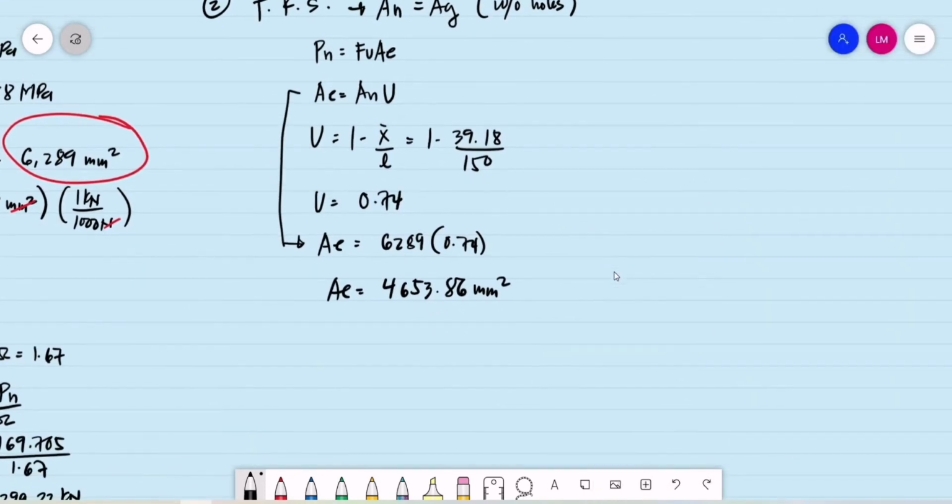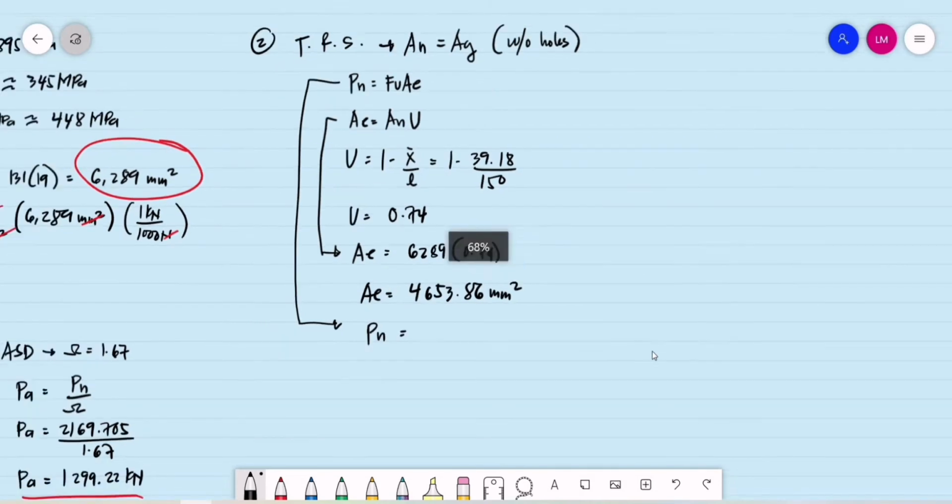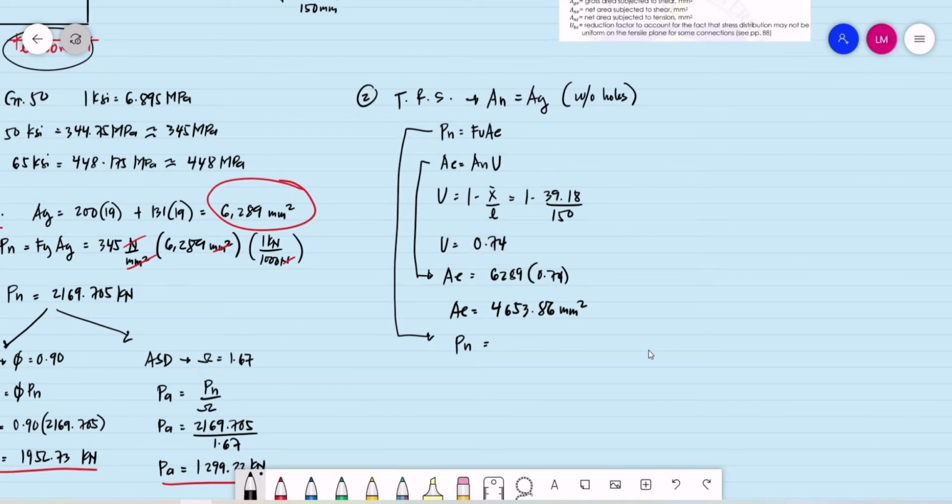Okay, we can now compute the nominal strength for tensile rupture strength. So we have P sub N is Fu. A while ago, the value of Fu is 448 megapascals, or newtons per square millimeter, multiplied by 4,653.86 square mm. Again, to be divided by 1,000 newtons for our answer to be in kilonewtons.